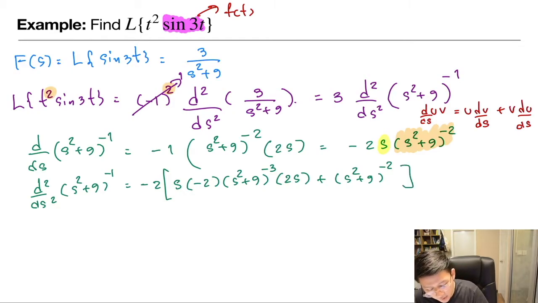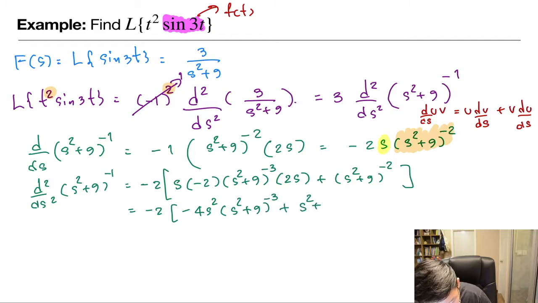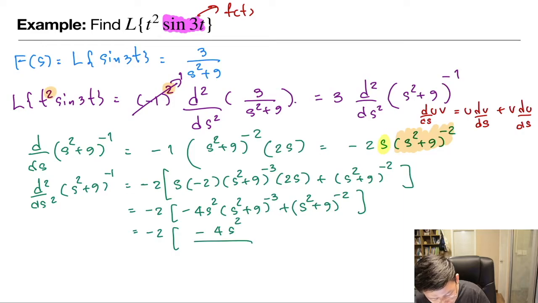So here we have minus 2, there will be minus 4s squared divided by s squared plus 9 to the 3, plus 1 over s squared plus 9 squared.